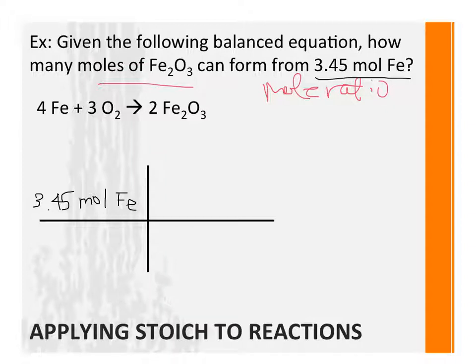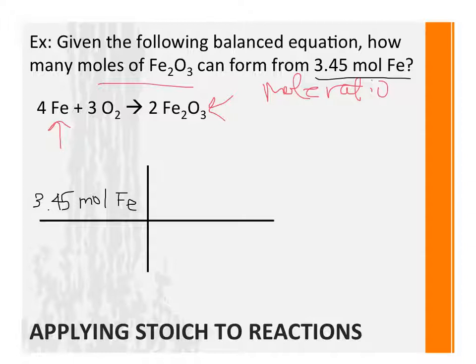So if you look at the balanced equation, where do you find iron by itself? Well, iron by itself is a reactant. Iron 3 oxide, which is what we're trying to convert to, is a product. So now you determine the molar ratio of these by looking at the coefficients.